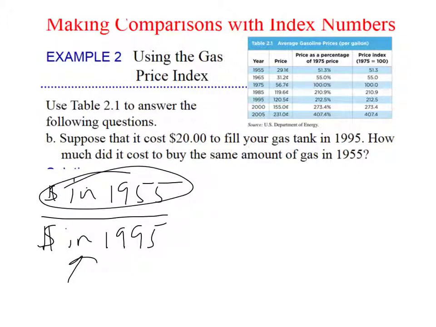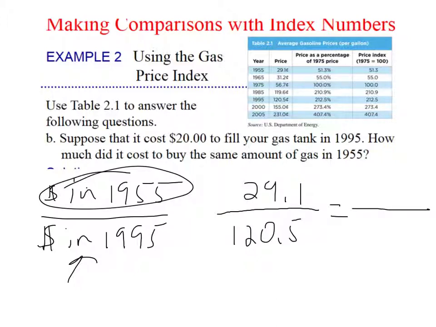I have the cost in 95, and they also gave some indices here. So I could say that the price in 1995 was 120.5 cents, and the cost in 1955 for a gallon of gas was 29.1 cents, and I'm comparing cents to cents.